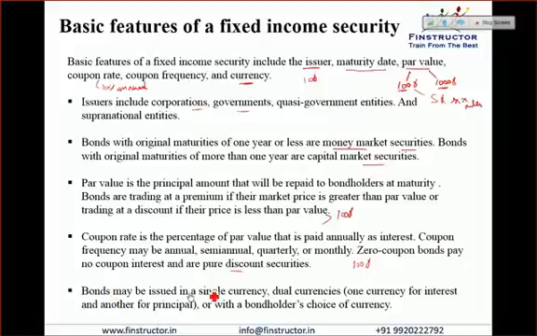Bonds may be issued in a single currency, dual currency, or with a bondholder's choice of currency, but the currency generally will be predefined at the time of issuance of a fixed income security. So fixed income, because most of the characteristics are fixed, the returns, or the cash flows more importantly, from a fixed income security are fixed.